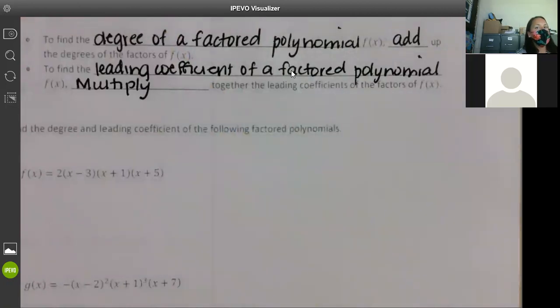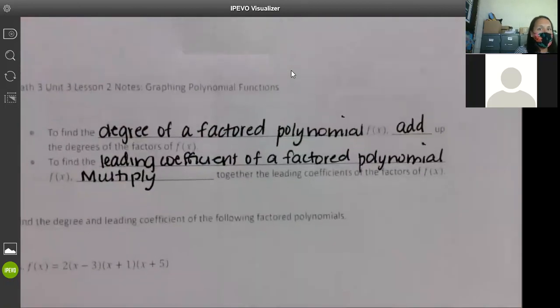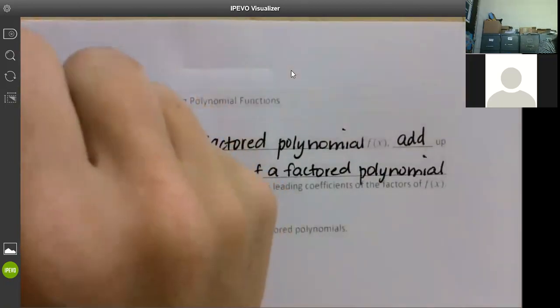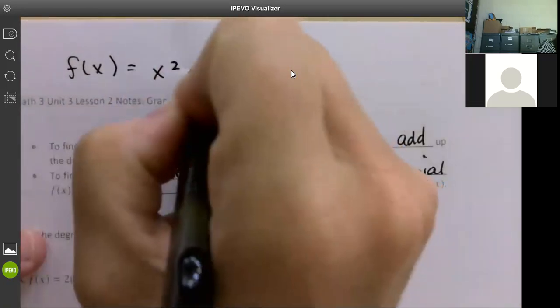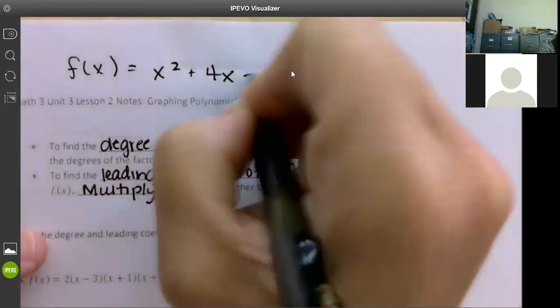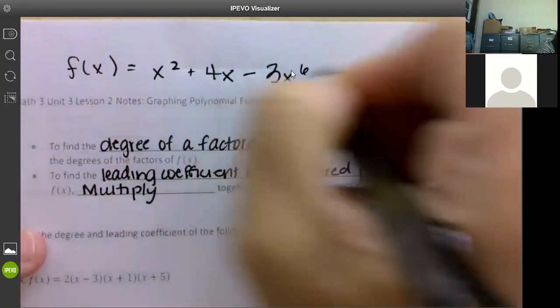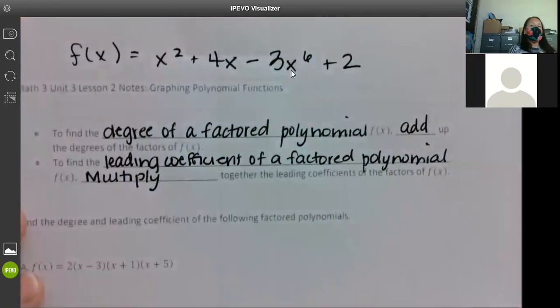Okay. So let me remind you what degree and leading coefficient are. What we had was a polynomial that looked like this, not factored, just written out.